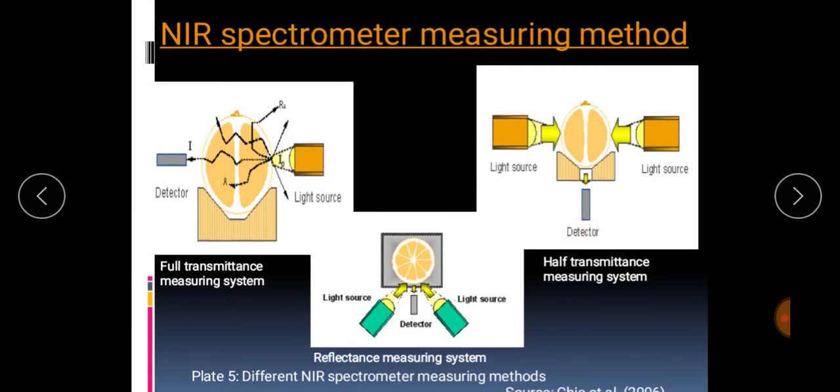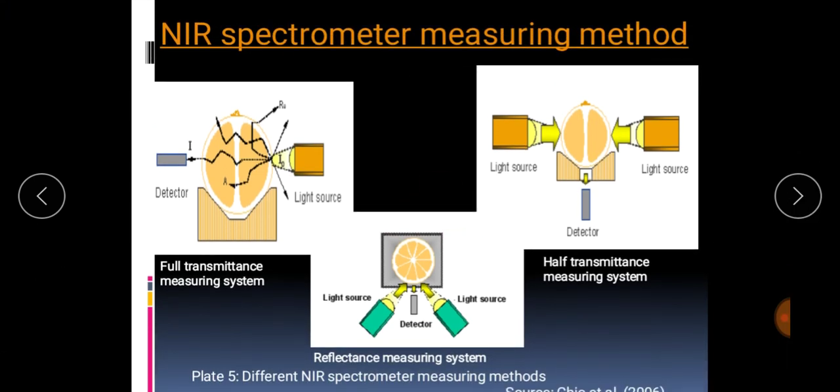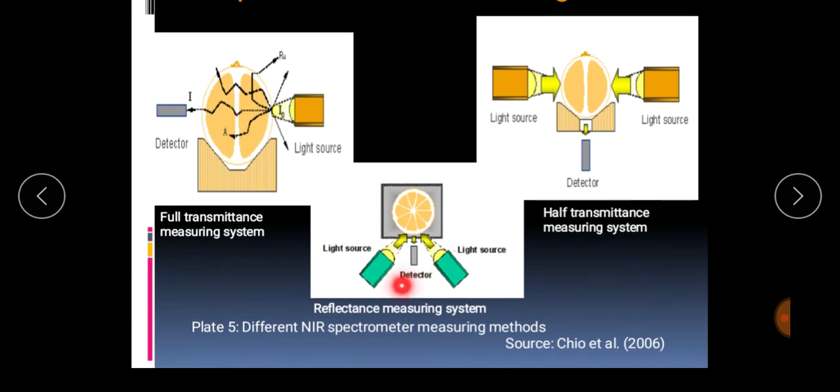Then reflectance measuring systems. There are two light sources and one detector present here. When light enters this food surface, suppose this is a lemon, there is some reflectance, and that reflectance will be detected by this detector.